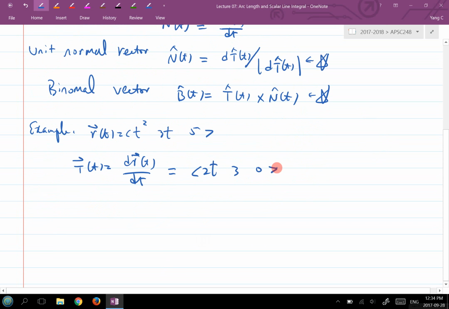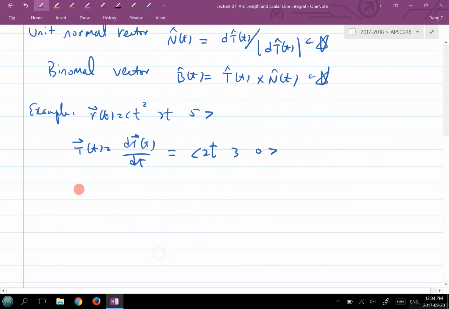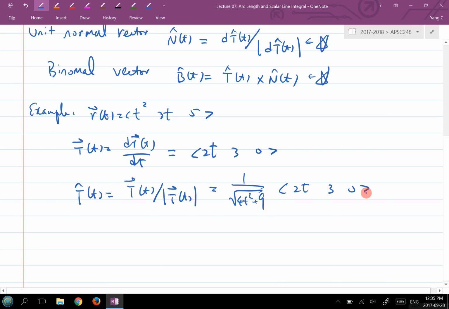Okay, so that's your tangent vector. The unit tangent vector is just to normalize this. So that's your unit tangent vector.